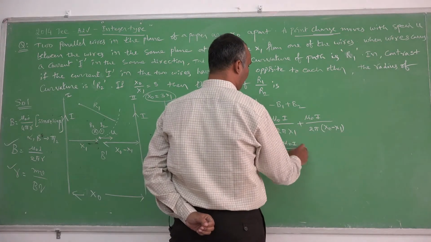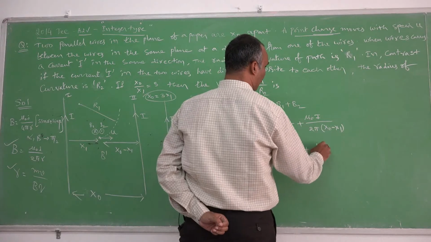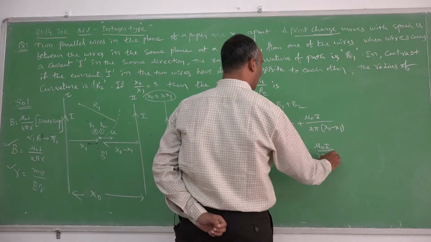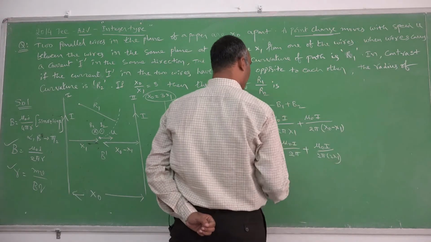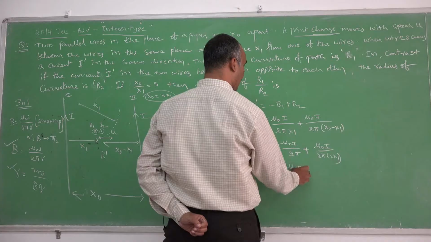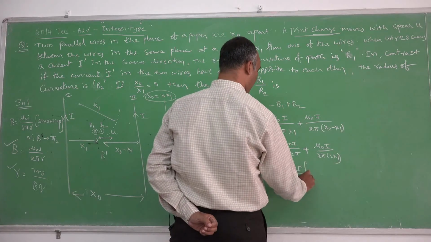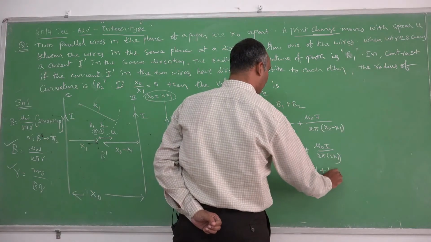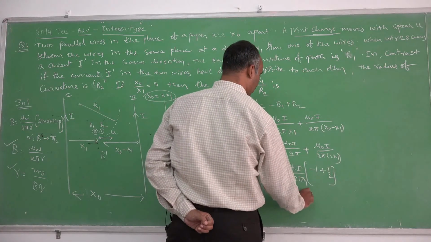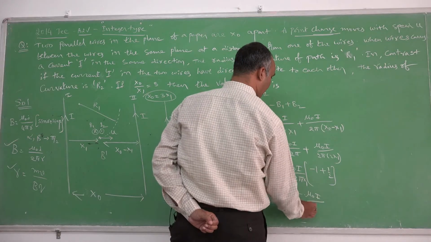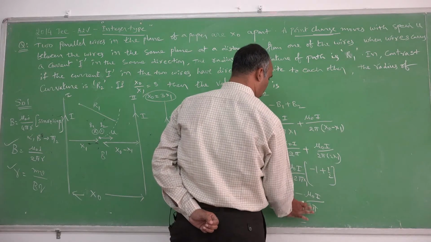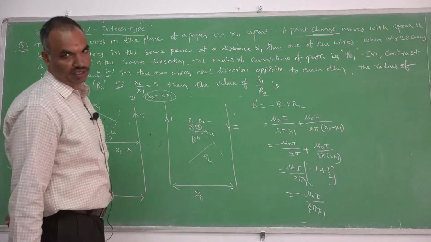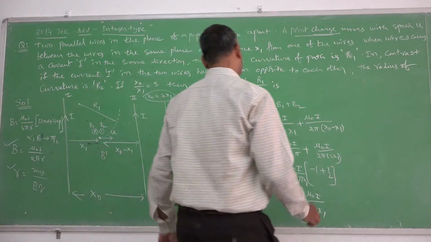So mu naught I by 2 pi plus mu naught I by 2 pi into 2x1. You can take mu naught I by 2 pi x1 as common: minus 1 plus 1 by 2, so it becomes minus 1 by 2. So minus mu naught I by 4 pi x1. This is the magnetic field due to the two conductors in the first situation.